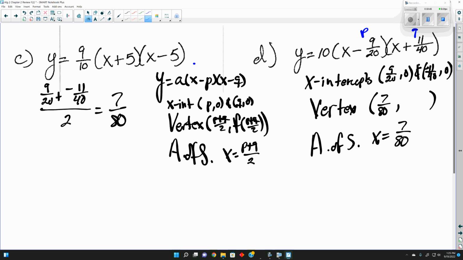Now we need to find the y value. Plug it in. So we have 10 times 7/80 minus 9/20 times 7/80 plus 11/40. We can type that into the calculator.